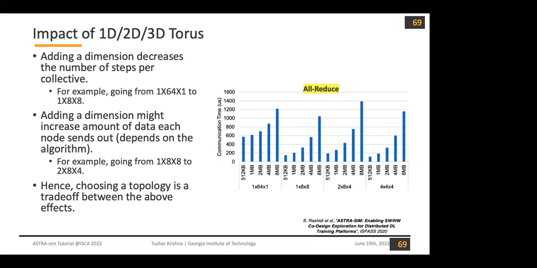The interesting thing here, as I mentioned, is especially when you're doing hierarchical all reduces, the amount of data being communicated changes as you go from dimension to dimension, right? This has interesting implications on the number of nodes per dimension. That will affect the amount of data being transferred as you go through dimensions. So sometimes just adding a dimension, depending on the algorithm, might increase or decrease the amount of data. And so you really need to understand and trade off all of these.